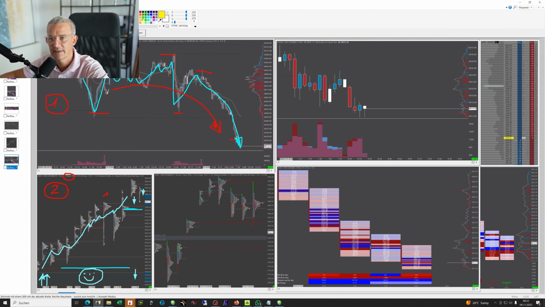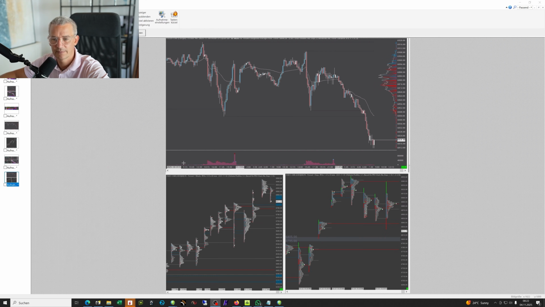But now I see that this trend is downward, and that's a contradiction. So I have to examine this contradiction and clearly look for where I can find intelligent levels in order to possibly enter a long trade again, or from when it is over. And that's exactly what we're going to do together now and take a look at.